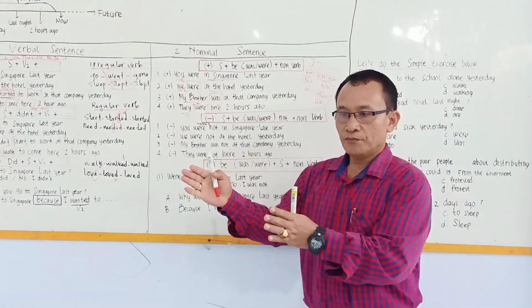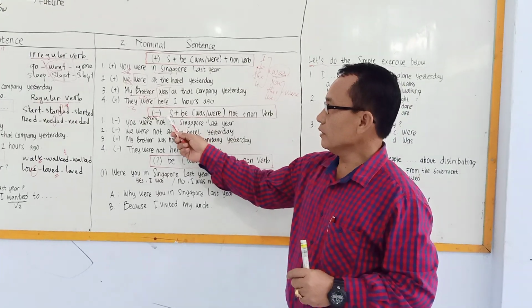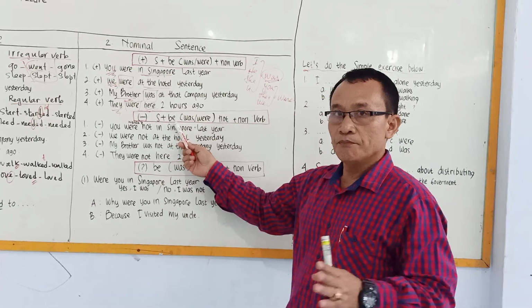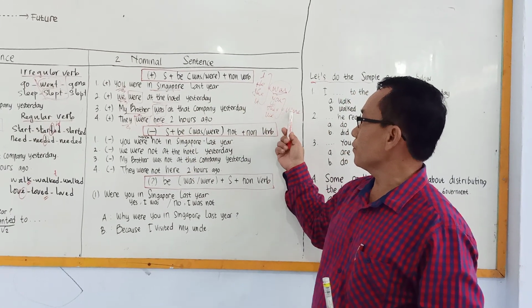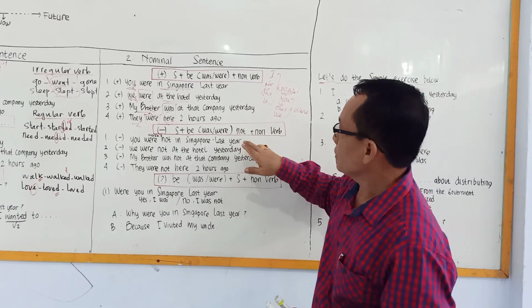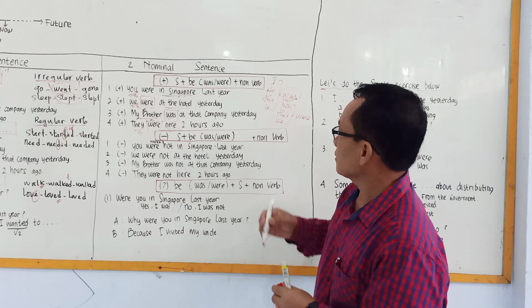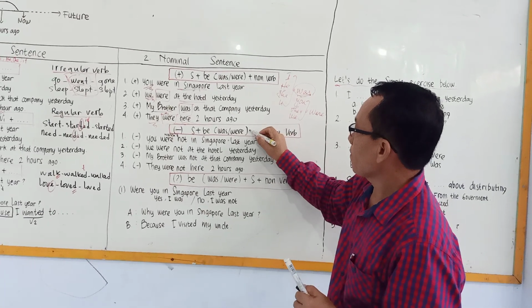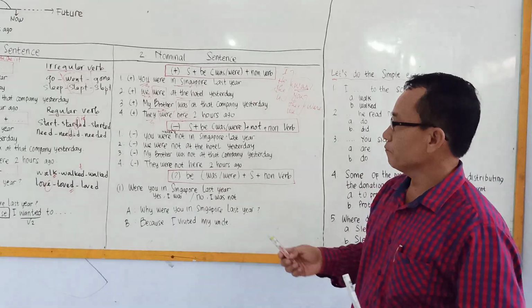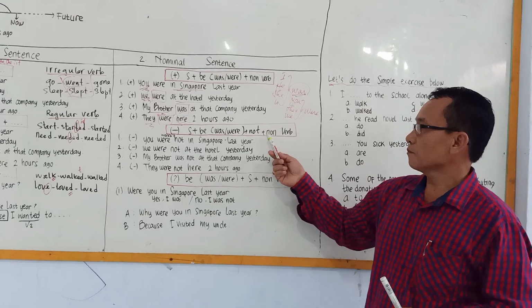Negative for nominal sentence, the formula is subject plus be, was or were, plus not, plus non-verb. Subject plus be plus not plus non-verb.